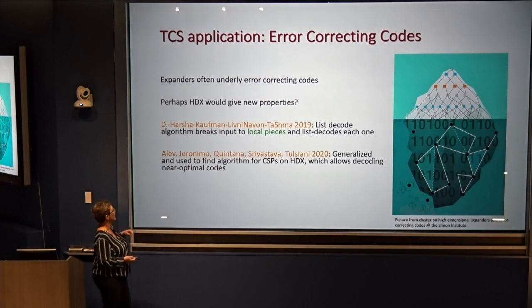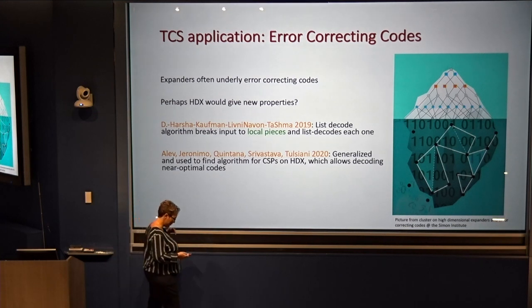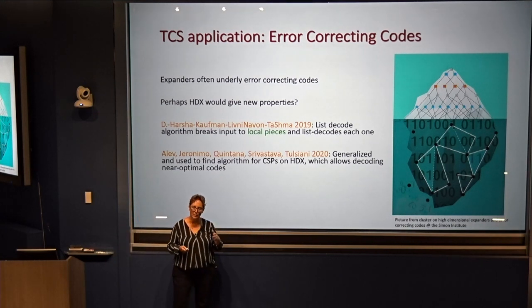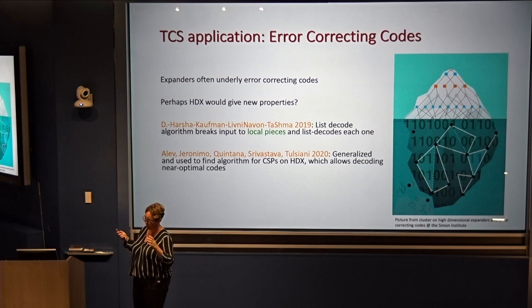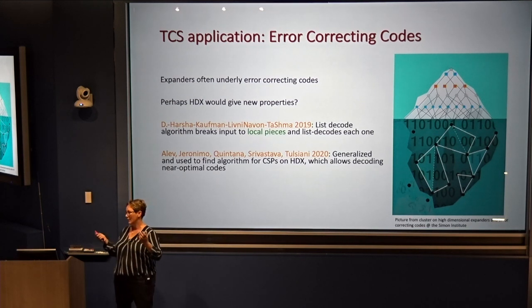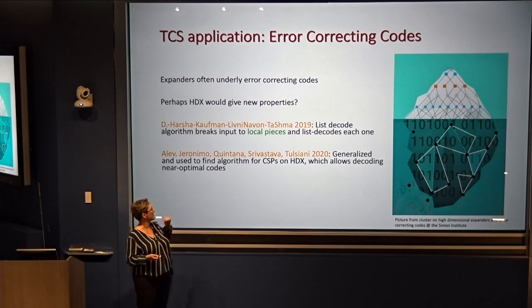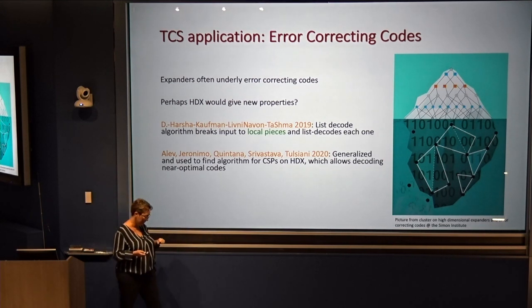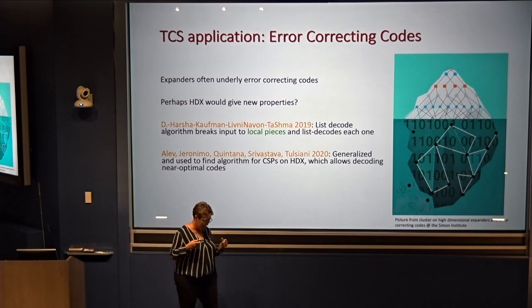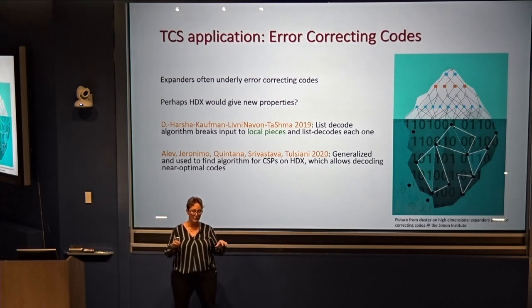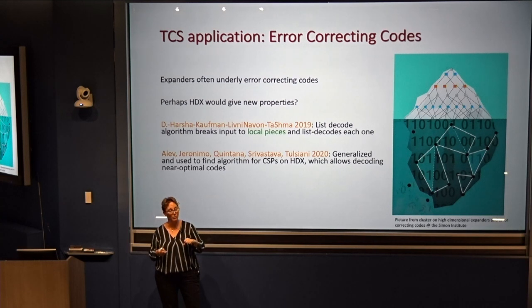Later, in two papers, a combined set of authors improved this work a lot and generalized it. They used it to first find an algorithm that solves a family of problems called CSPs, constraint satisfaction problems, which are important problems in computer science, on high-dimensional expanders. And then they used the idea that they can solve CSPs on these objects to decode codes.